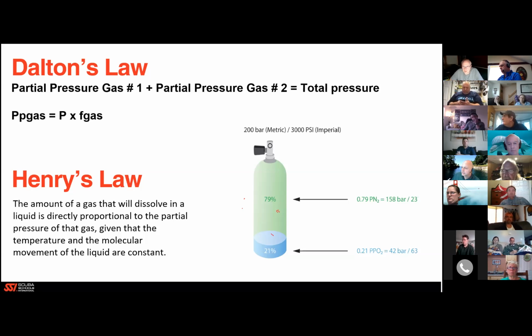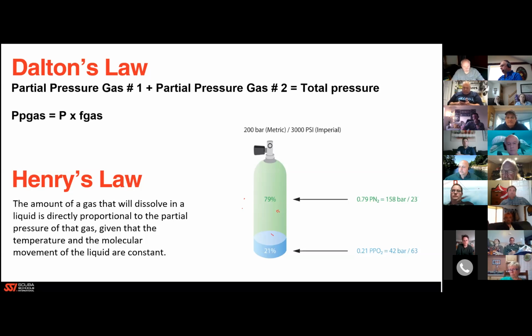As divers know, as we descend into the deeper depths, the pressure also increases on our body and on our equipment. This is a direct result of the additional water column above us pressing down upon us. As Dalton's Law states, as we descend, the pressure increases proportionally on the breathing gas that we are using.